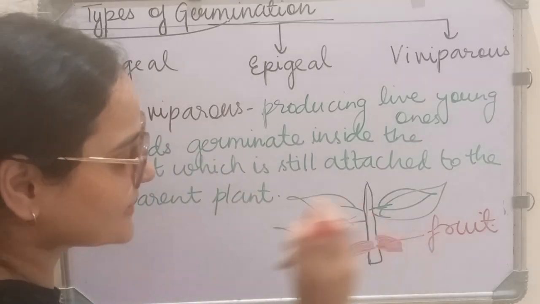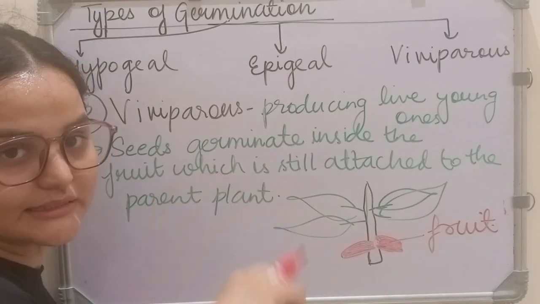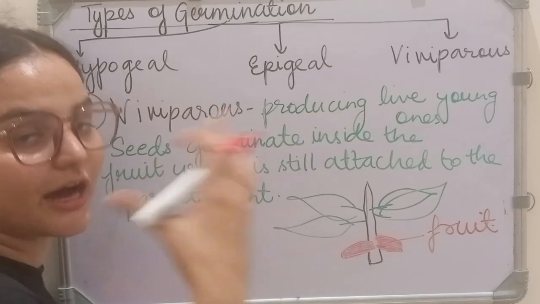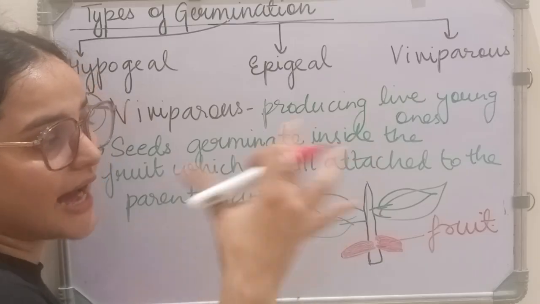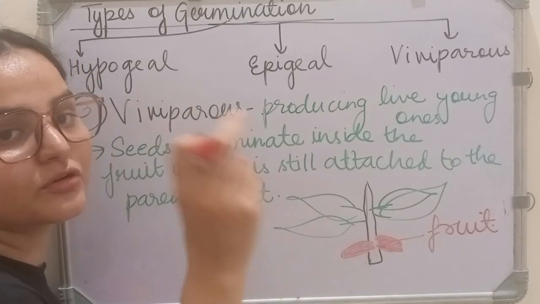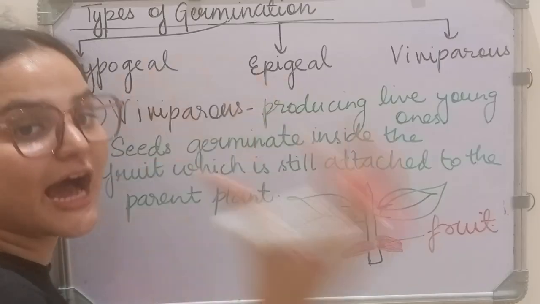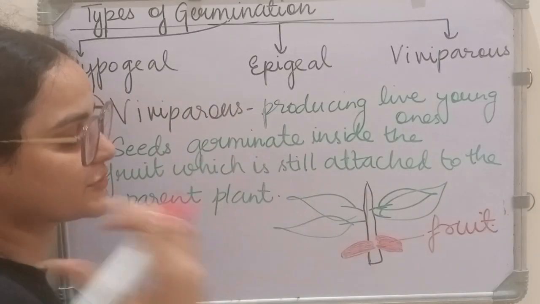Now, within the fruit, the seed must be present. In that seed, the embryo elongates and tries to come out of the seed. From that embryo, the lower part, which is known as hypocotyle, elongates, and the radicle forms the root.